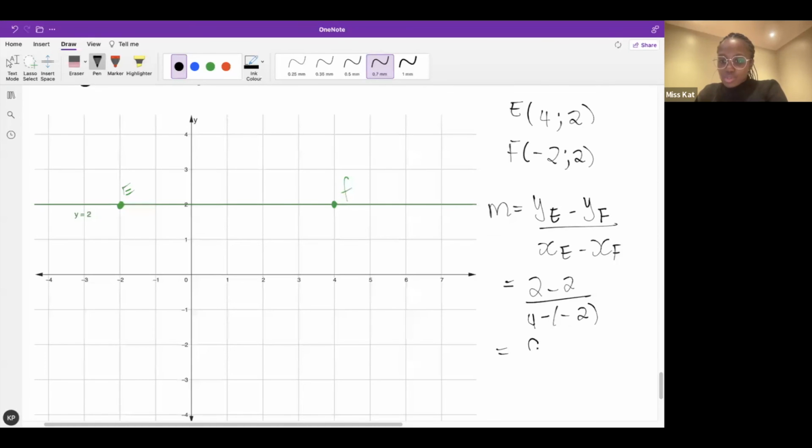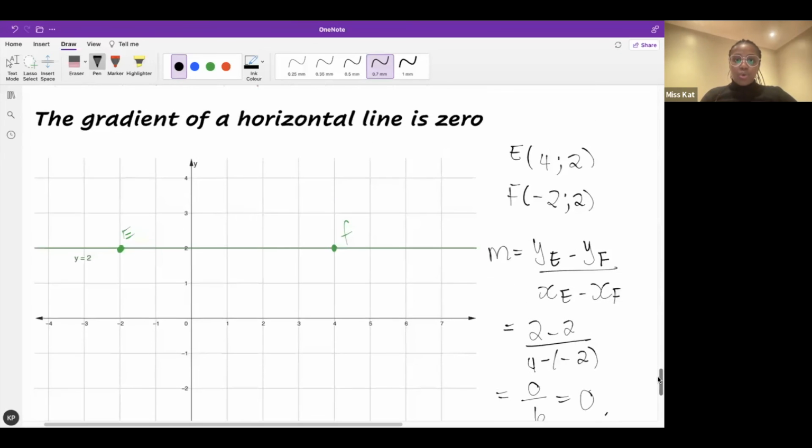This will give you 0 over 6. What's 0 divided by anything, guys? 0. So we can conclude that the gradient of a horizontal graph is always 0.